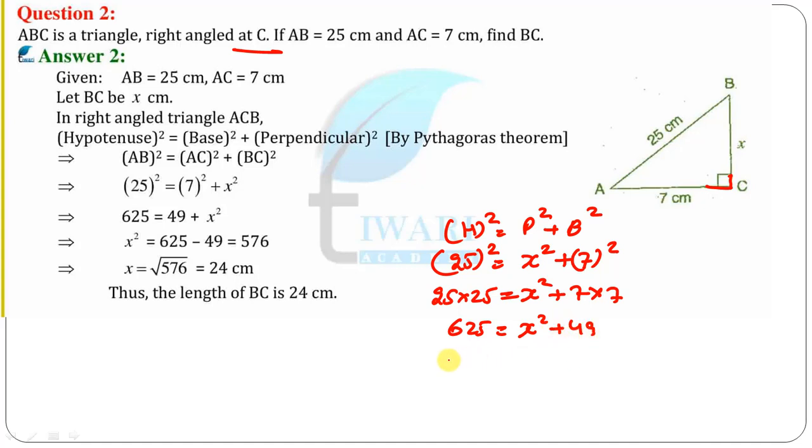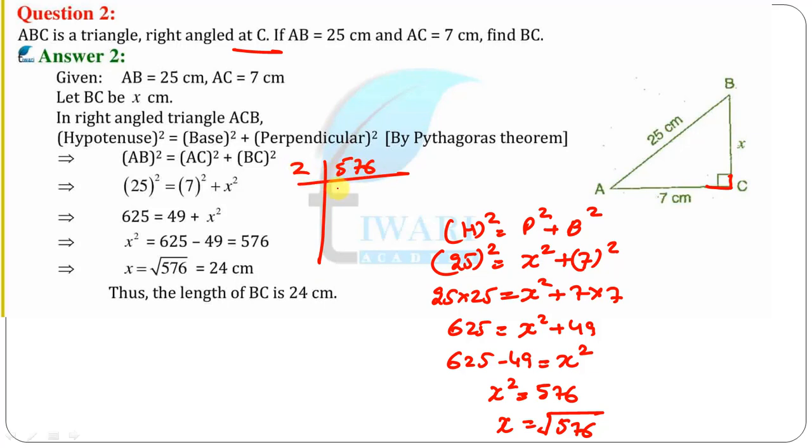This plus becomes minus on the other side. So x square is equal to 625 minus 49, which is 576. So square will become square root on the other side. You have to solve this 576.